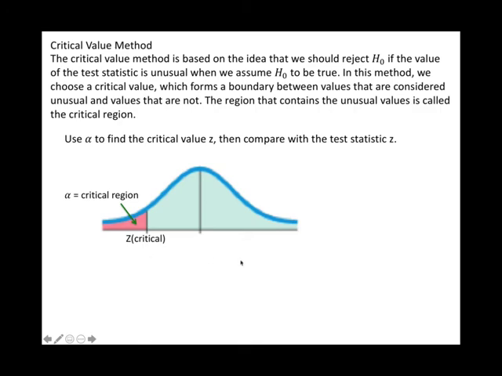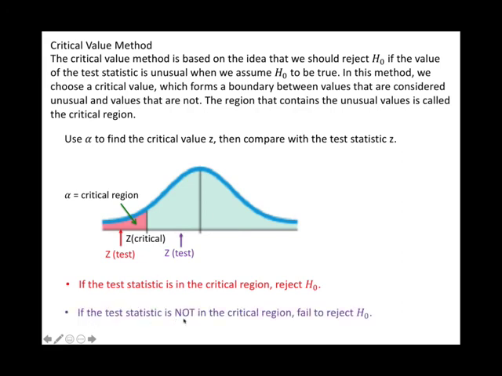Now we're going to look at the test statistic. If your test statistic is in the critical region, one more time, the tail here we call the critical region, we're going to reject.